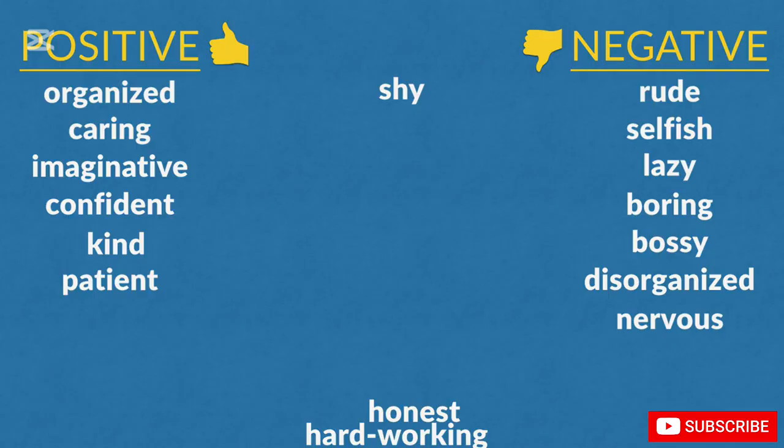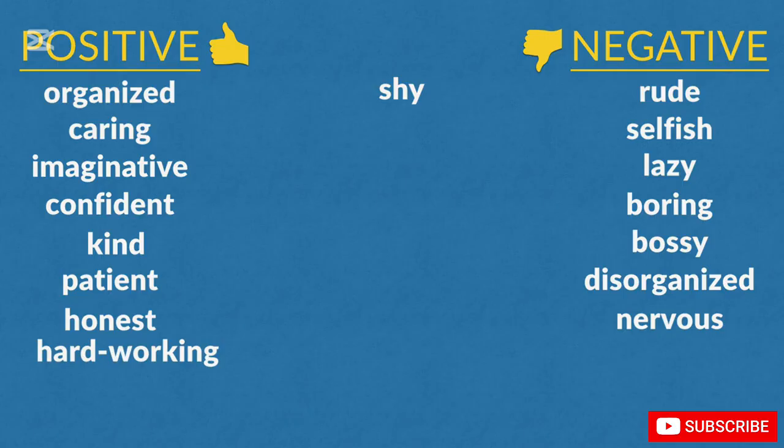Shy could be positive or negative. Normally it's negative, but it depends on the context. Sometimes, for example, a shy girl might be seen as a positive thing or just as a neutral thing. Honest is a positive characteristic. Hardworking is positive.